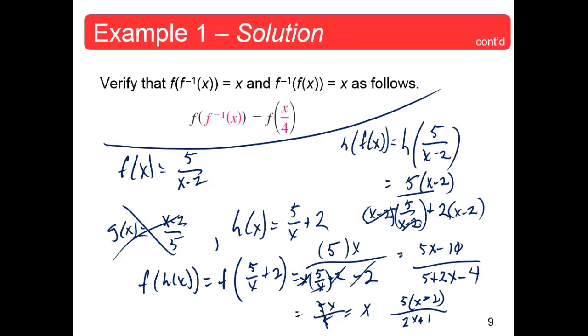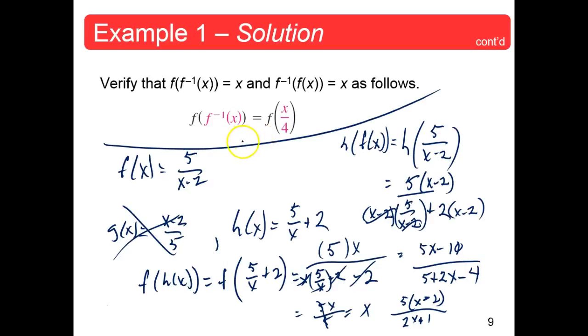We multiply numerator and denominator by that. Okay, let's go back to 5x minus 10.